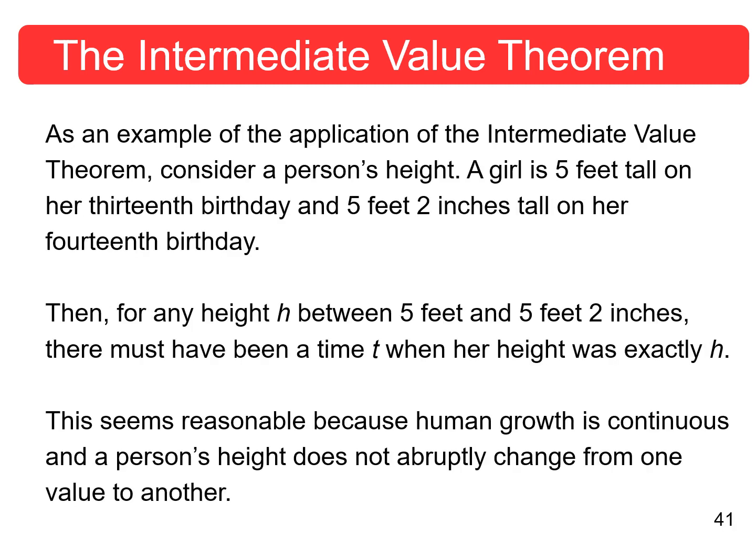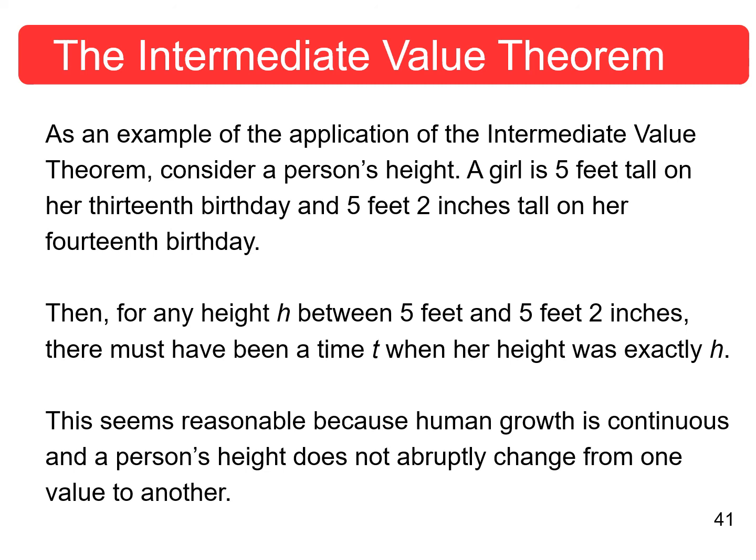As an example of the application of the intermediate value theorem, let's consider a person's height. A girl is 5 feet tall on her 13th birthday and 5 feet 2 inches tall on her 14th birthday. Then, for any height h between 5 feet and 5 feet 2 inches, there must have been a time when her height was exactly h.